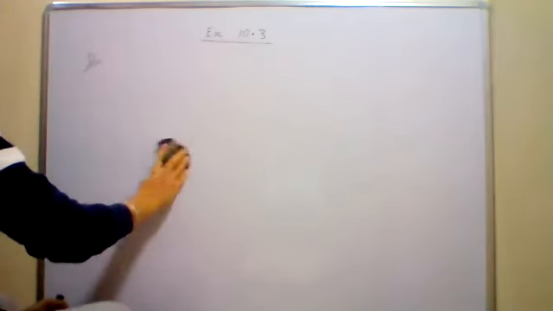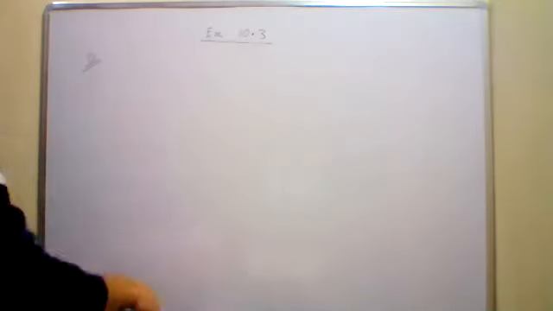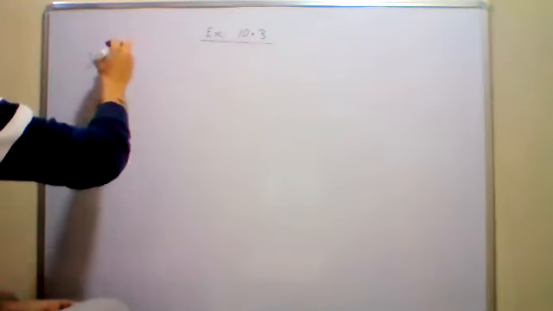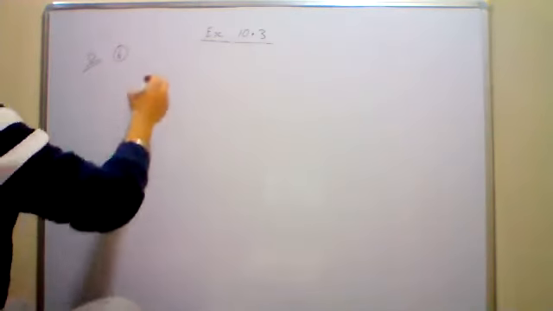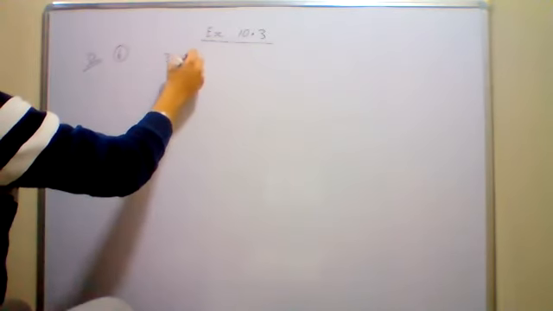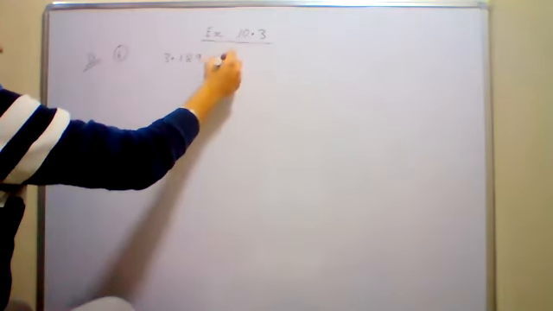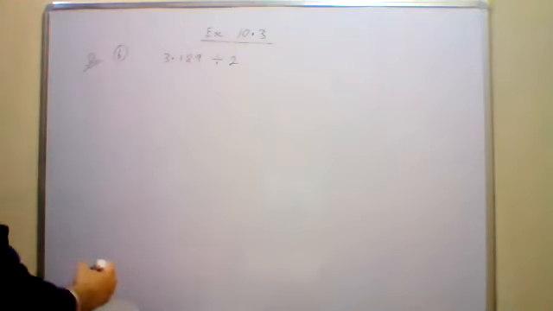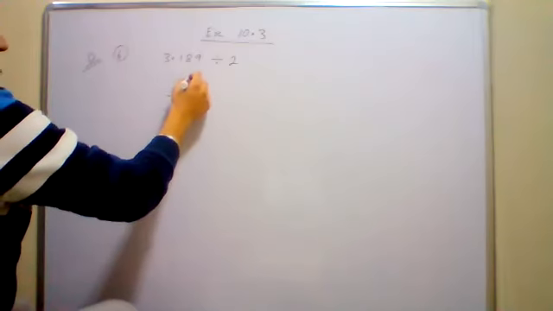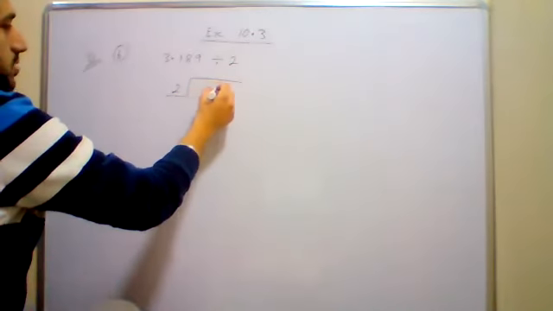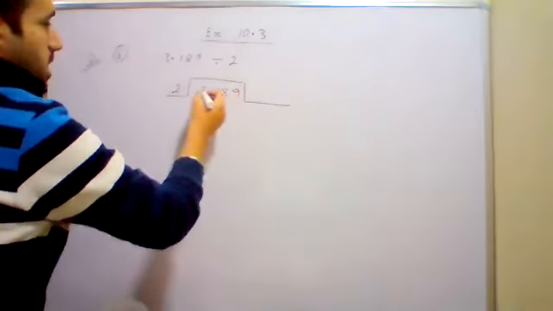Question 6 I will help you with because it is a question of division. 3.189 divided by 2. How can we do this? 3.189 divided by 2.